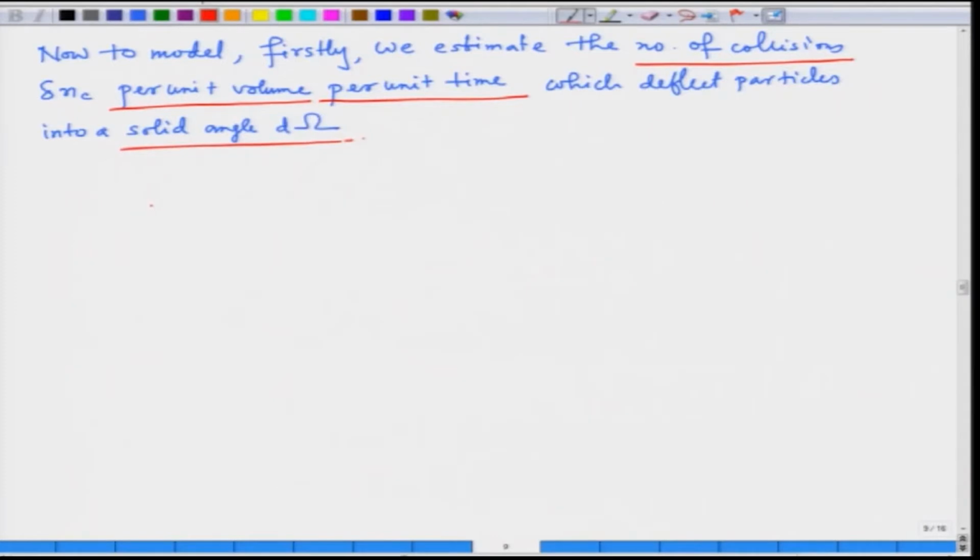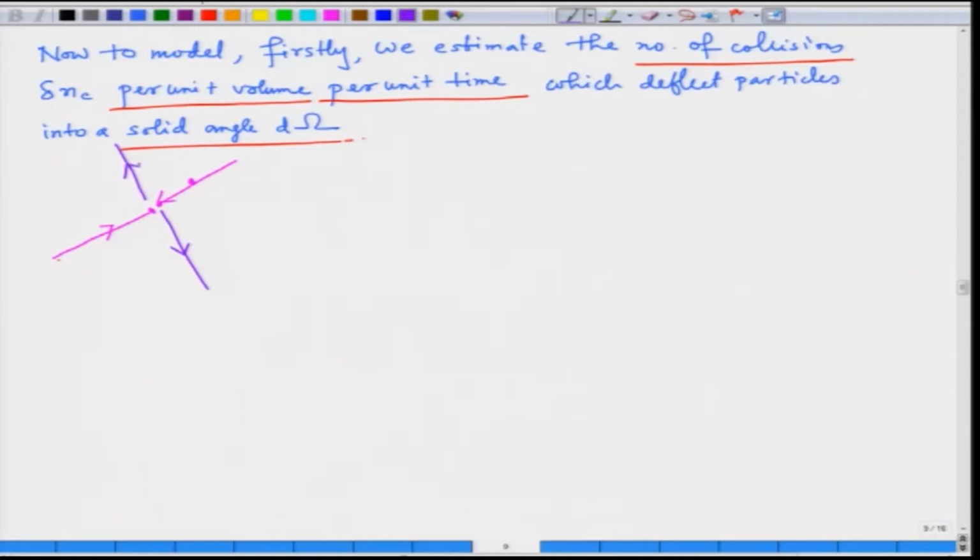Now, what is the picture for that? Let us say this particle is coming from this direction, and this particle is coming from this direction. When they meet over here, let us say they collide, then after the collision the new particles will go, let us say, here and here, for example.